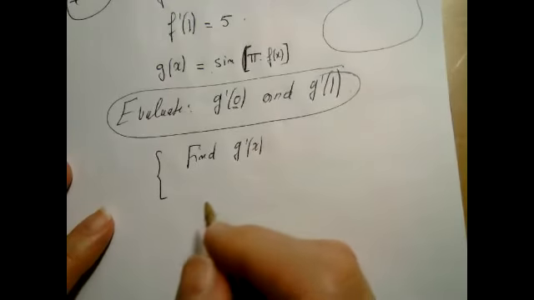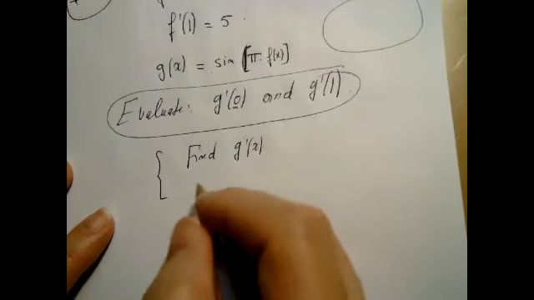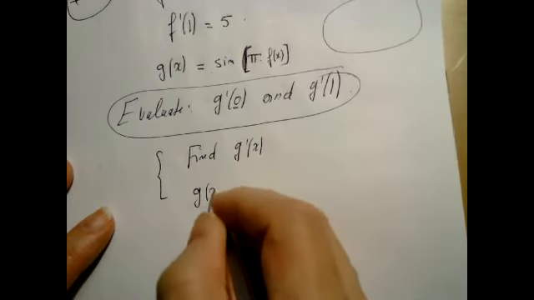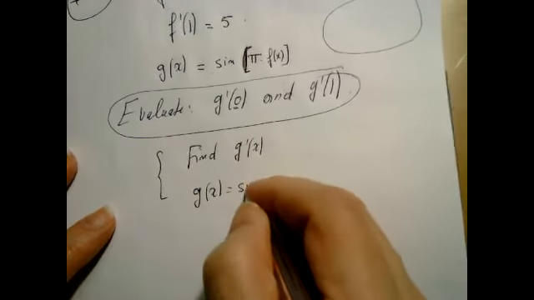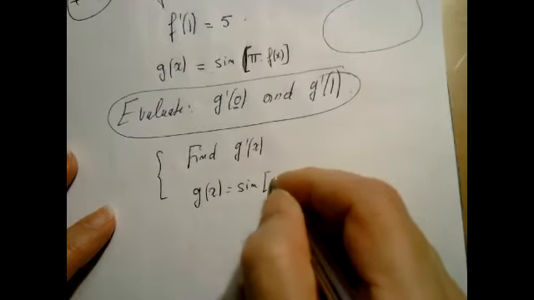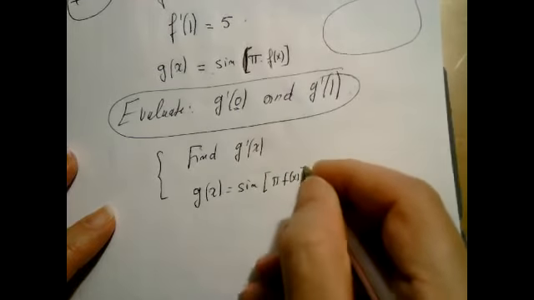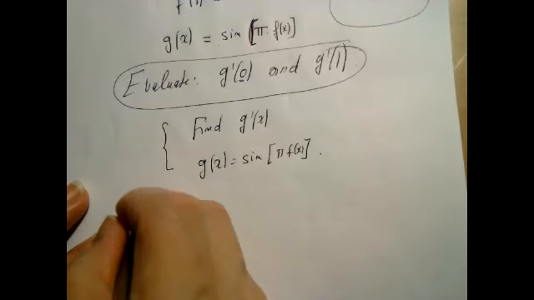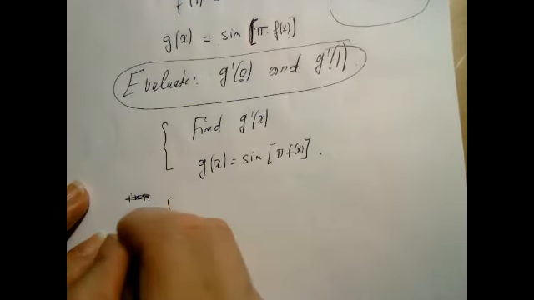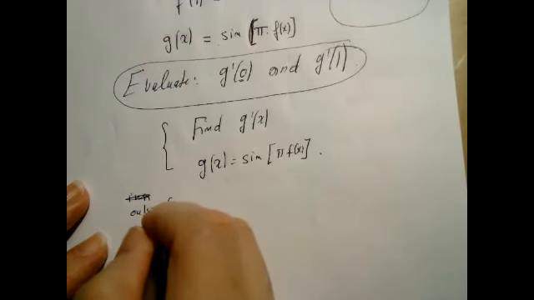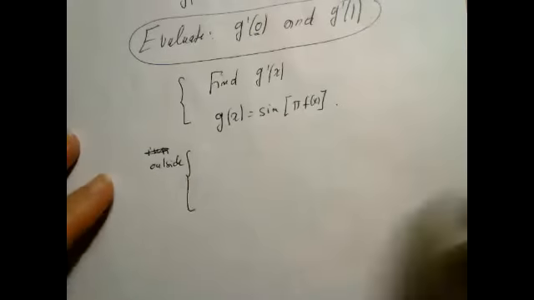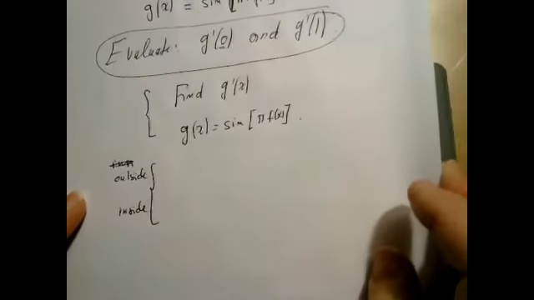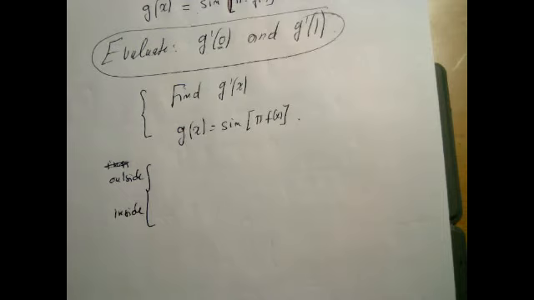So g prime of x, and I need to write it as a composition. g is the sine of pi times f. What's the outside? And what's the inside?